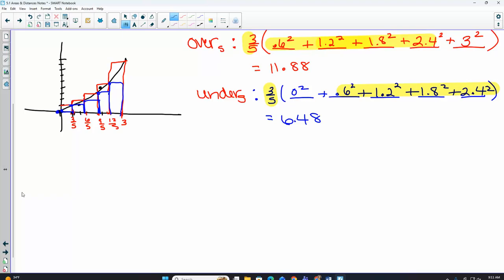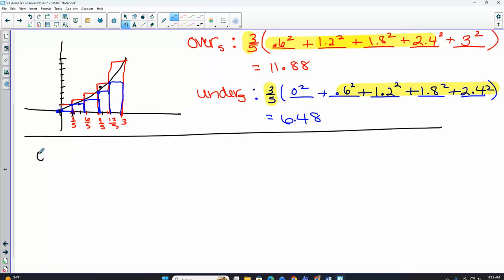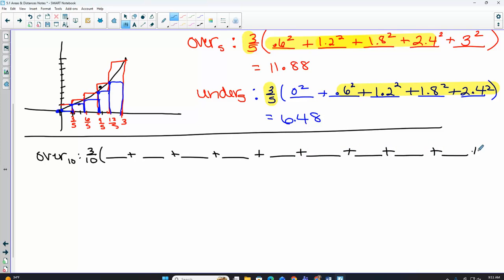Okay, now let's do the same thing with 10. So if I want my overestimate with 10, what's the width going to be this time? 3/10. And I will have 10 things in here, because I'm adding up the area of 10 rectangles.